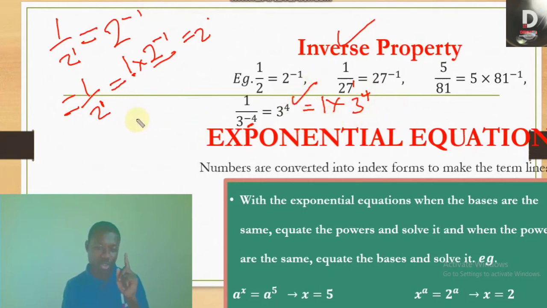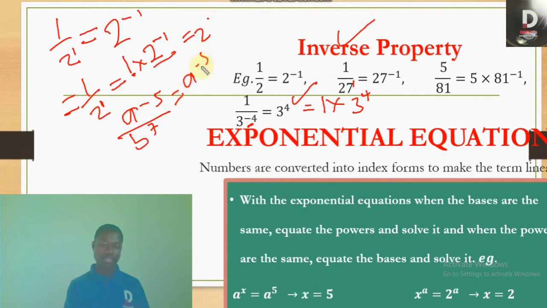But watch carefully. If I have this one, let's say a power negative 5 divided by b power 7. If I join this, it becomes what? A power negative 7, he was power already, times b power negative 7, as we have done already.